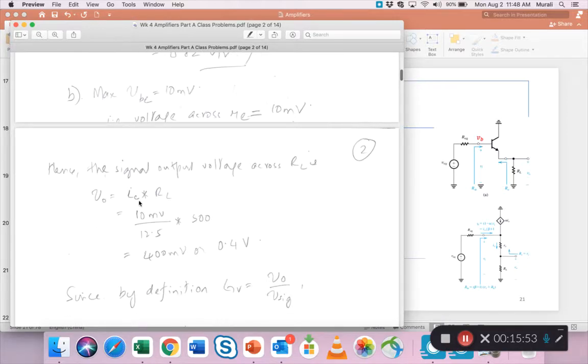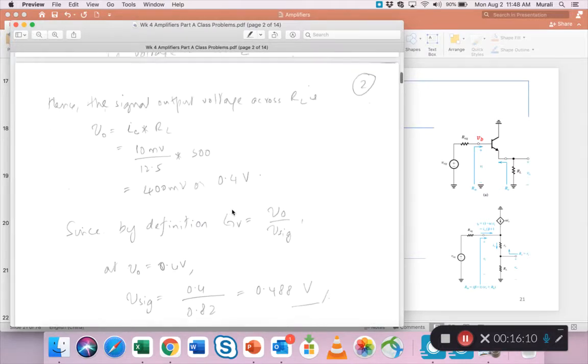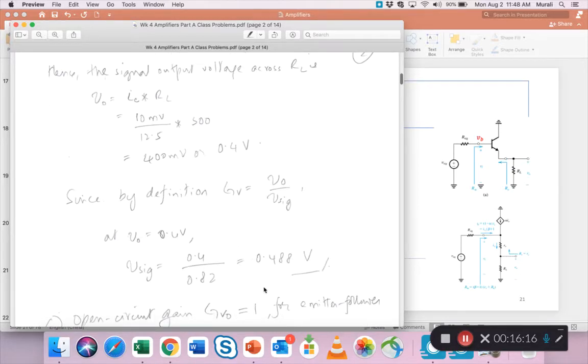That means the signal voltage can be 0.4 because a lot of the signal gets dropped, right? First we are finding the output voltage V0, right? The signal voltage actually comes out at the next step as 0.488.